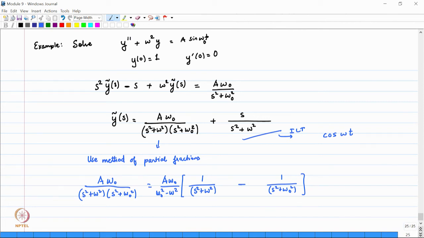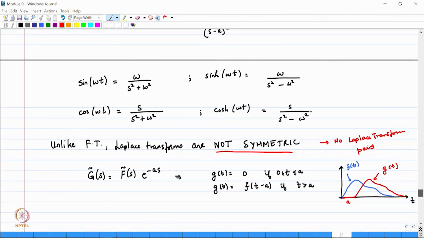Now, what I will do is I will take this omega 0 and take it inside. So, here I will put omega 0 and I will put an omega 0 here, and the reason for that will become obvious. Now, when you are taking the inverse Laplace transform of this, let us go back to our table.